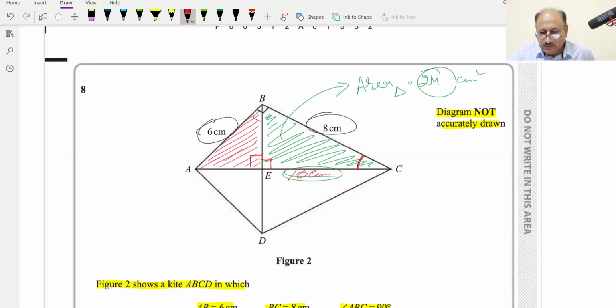ABE is this angle, so these two angles are equal. Then BAC is this angle, and this angle is equal to CBD. CBD is this angle. I'm drawing two lines so that you can identify. These two angles are congruent, and the third angle we already know is 90 degree.